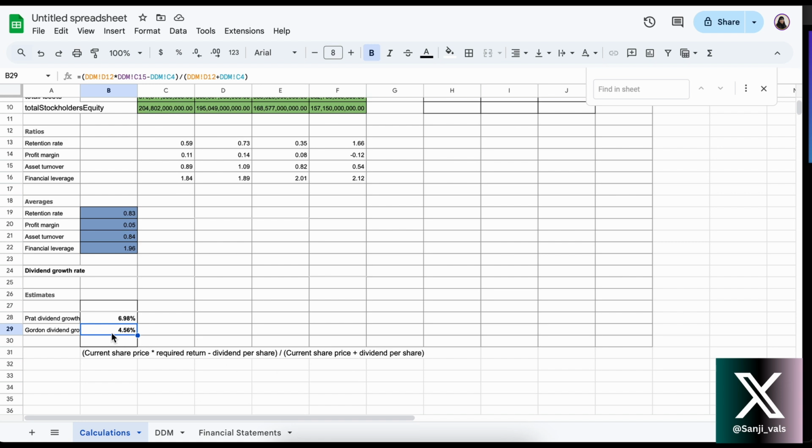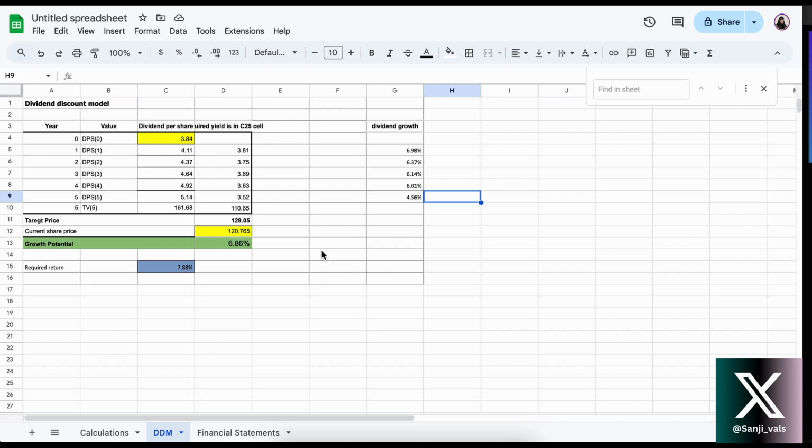And once you use this formula, as you can see, it's written DDM D12 because it is taken from here. For convenience, I transferred it in here. As you can see, that's the current share price. That's the last yearly dividend. I sum up all the 4 quarterly dividends and we get 3.84.